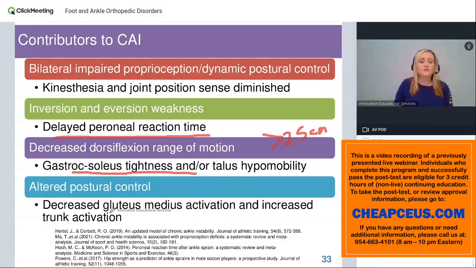In terms of postural control, that glute medius activation is important by controlling that positioning of our hip, if someone's going into a squat, which we know we do for many different types of activities.